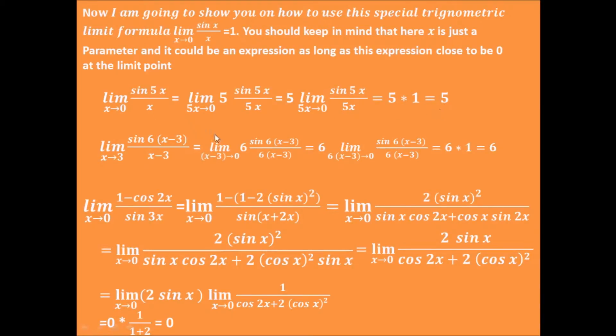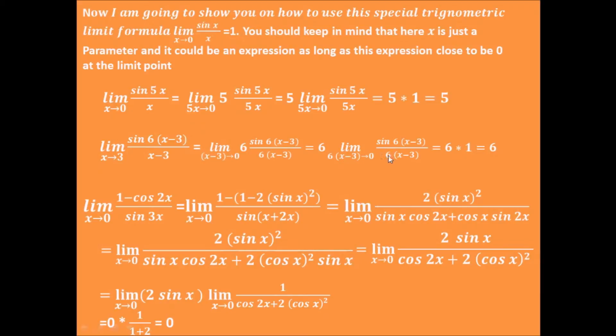Similarly, for the function sin 6 times (x minus 3) divided by (x minus 3) with x approaches 3, we can write x approaches 3 as x minus 3 approaches 0. Correspondingly, we multiply by 6 in both numerator and denominator. At the same time, we can write x minus 3 approaches 0 as 6 times (x minus 3) approaches 0.